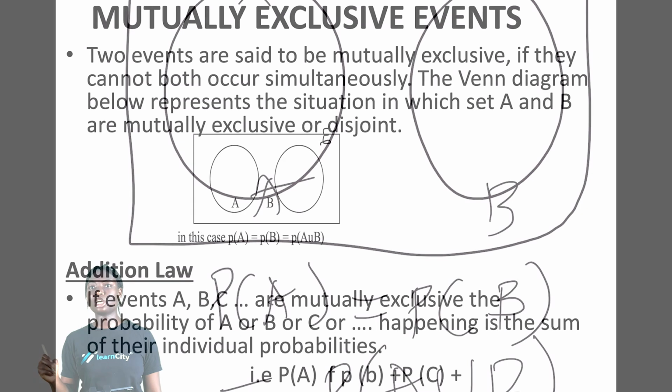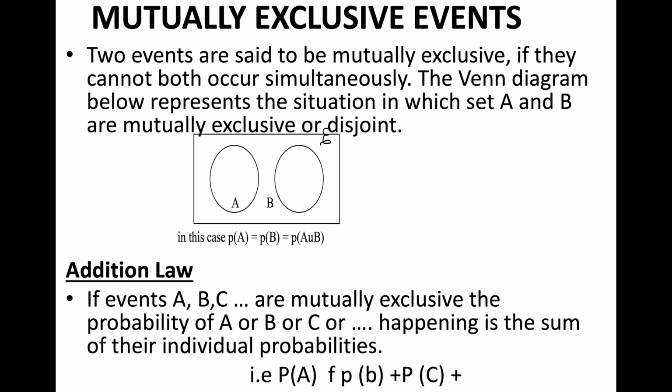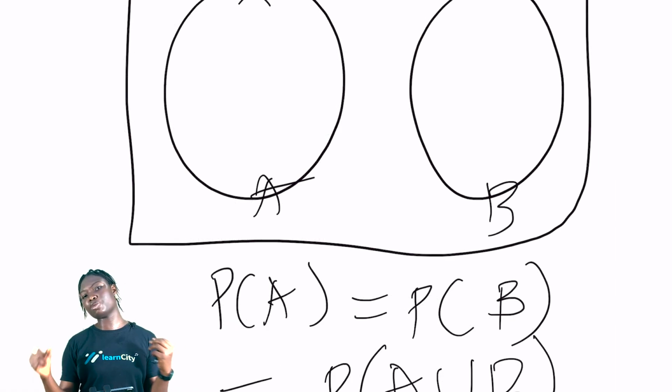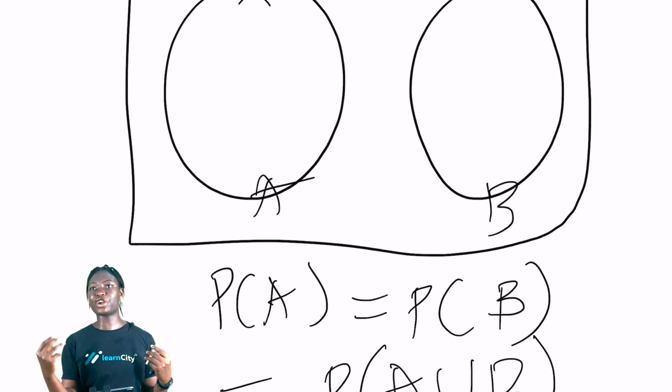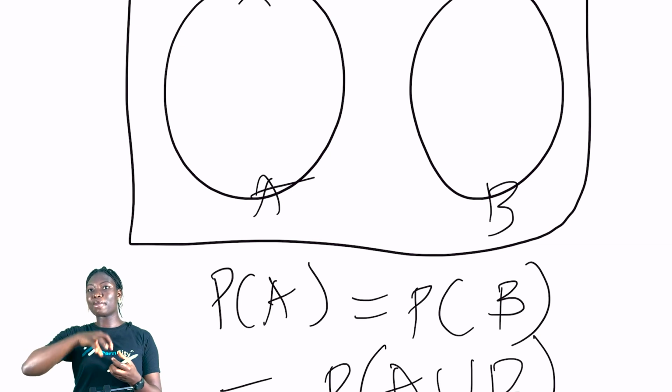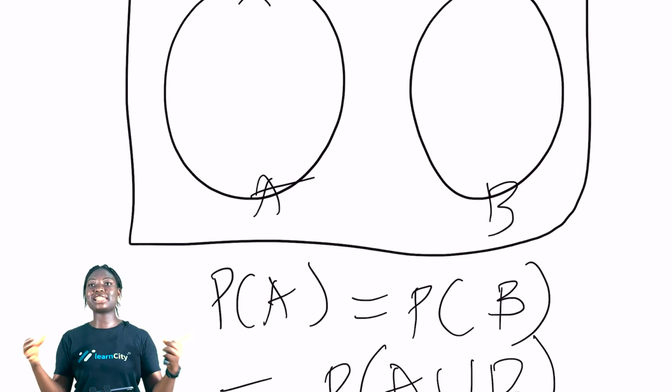Now, under addition law, if events A, B, C are mutually exclusive, the probability of A or B or C happening is the sum of their individual probabilities. When we have three different events, each of the probabilities has to be added together.